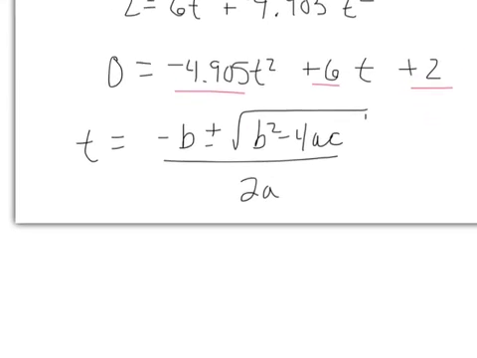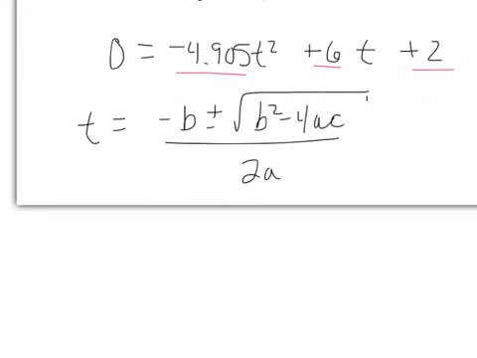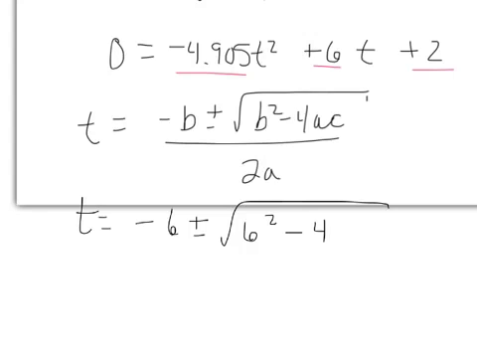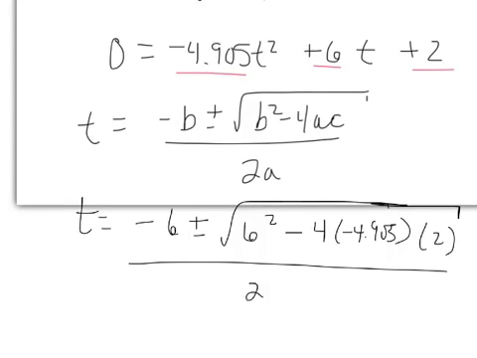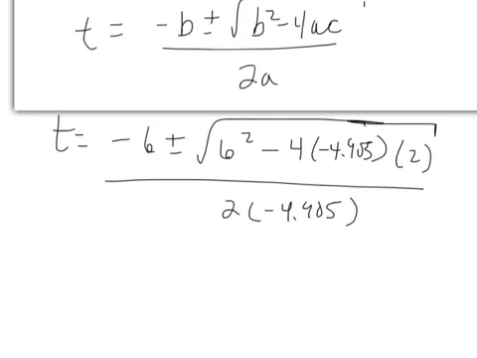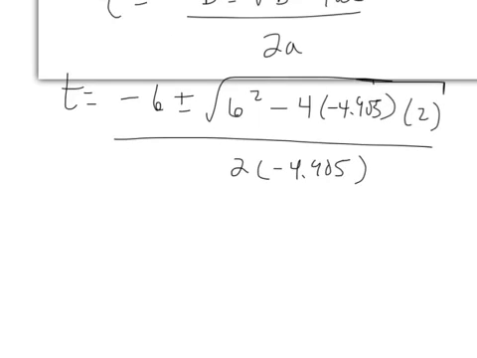So what we end up getting from that is as follows. T equals negative 6 plus or minus the square root of 6 squared minus 4 times a times c, all over 2a. And the interesting part to note for this example is that we're definitely going to get 2 roots.